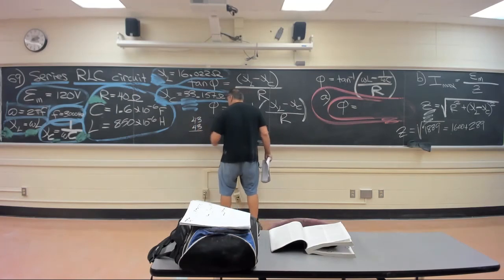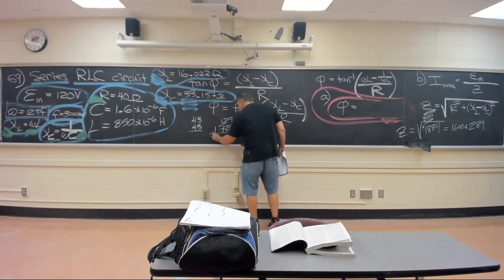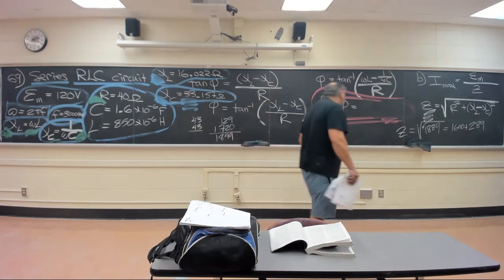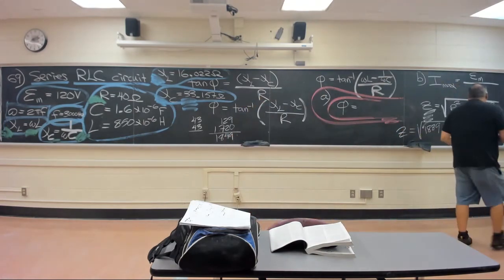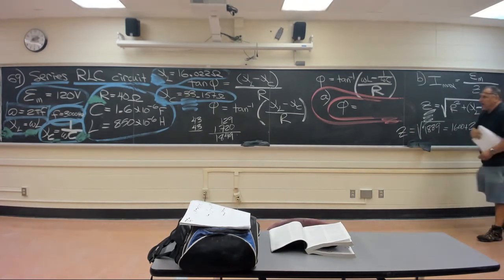So you go here, you get 129, and over here you get 1720. That's 1849. That's pretty good. That's pretty close. Yeah, already 43 or so going into 120.